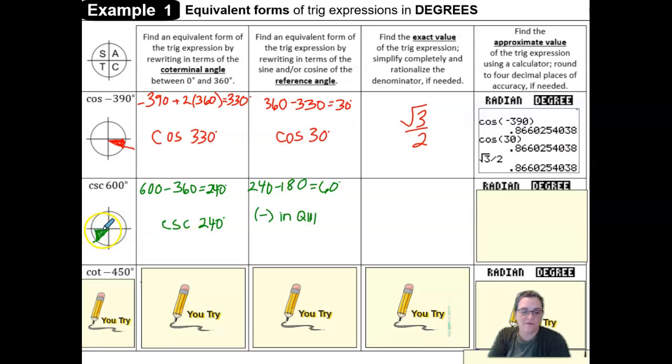And remember, the reference angle is always the first quadrant angle whose coordinate we reference when we're looking for sine or cosine. So we can represent the cosecant, since it's the reciprocal of sine and it's negative in quadrant 3, as -1 divided by the sine of 60 degrees.